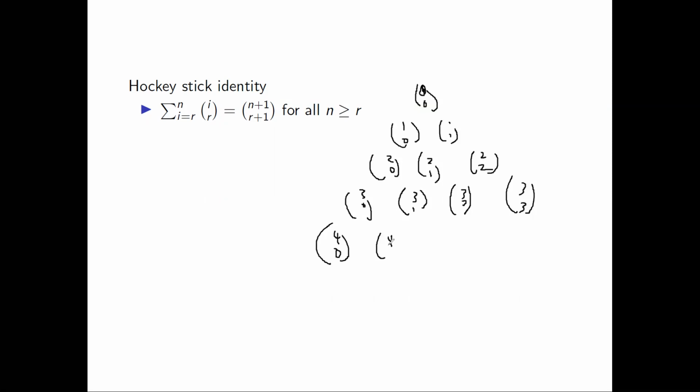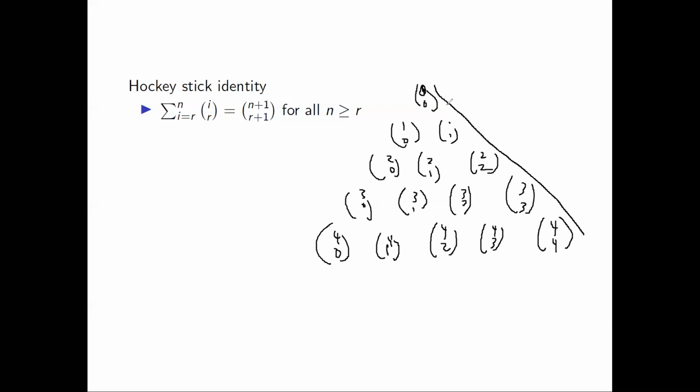So if we form a hockey stick in this Pascal triangle, we start along this diagonal right here. We pick some binomial coefficient along that diagonal, which is a term of the form R choose R, let's say.